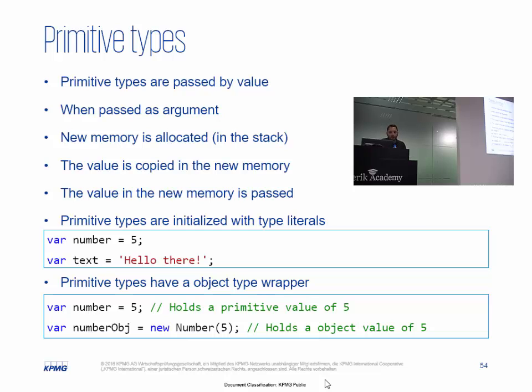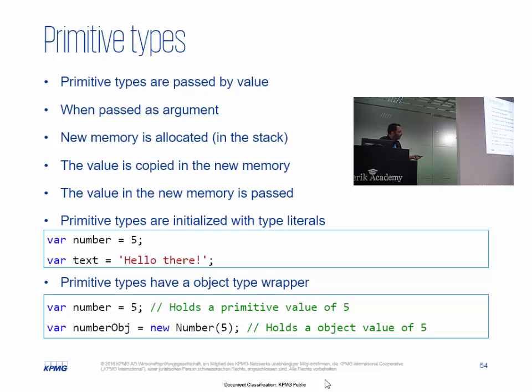We can see here two ways to create objects of primitive types. The first one, if we say the variable number is equal to 5, we are creating a primitive value of type number with the value 5. But what we see here is a wrapper object of type number that holds the value 5.